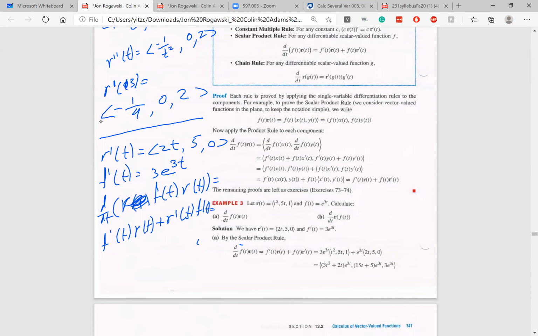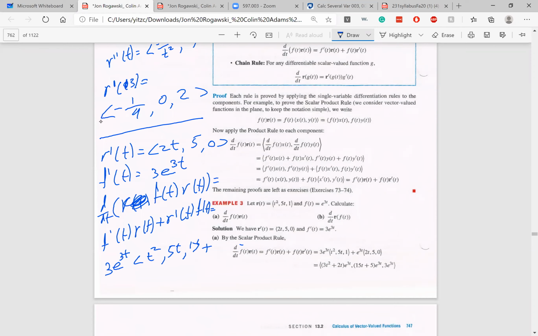And then this is equal to, so the f prime of t is equal to 3e to the 3t, and the r of t is equal to t squared, 5t, 1, plus the r prime of t, which is 2t, 5, 0, times f of t, e to the 3t. And that's what they end up doing. Yeah, product rule.